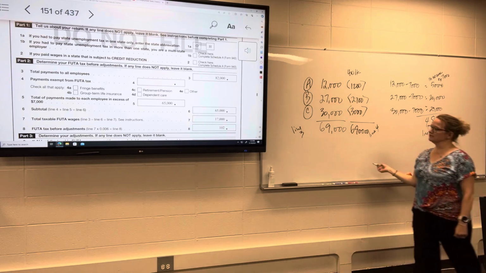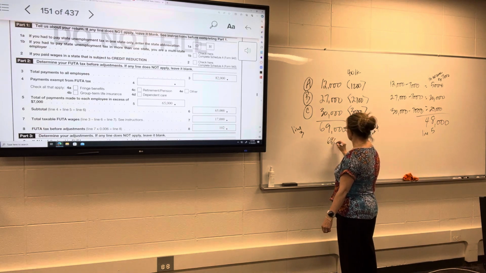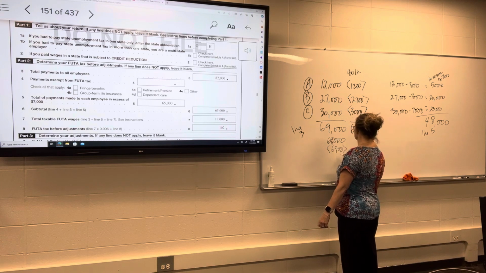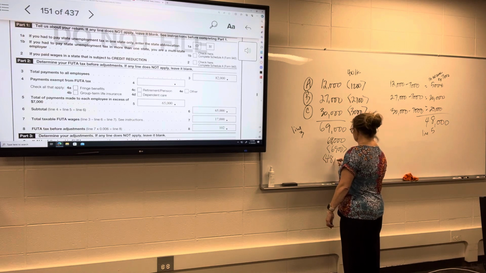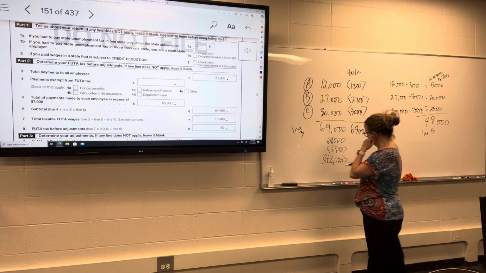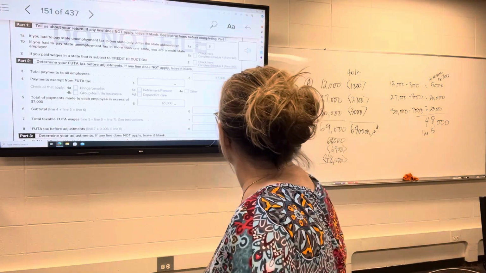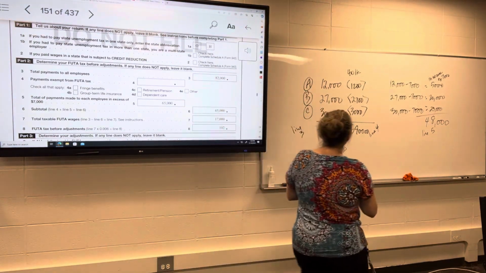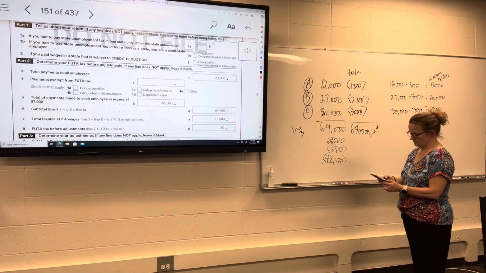All right, so if we're looking at this, we would take the 69,000 minus the 6,900, right, minus 48,000. Because we're going to add these payments together, and then we're going to add these payments together.